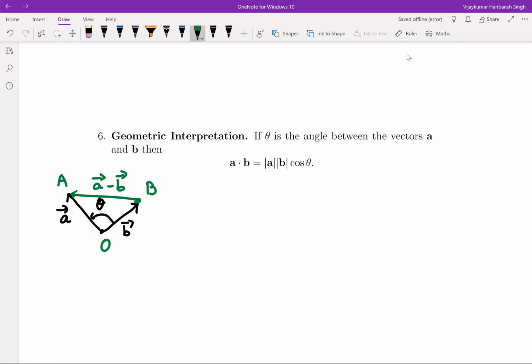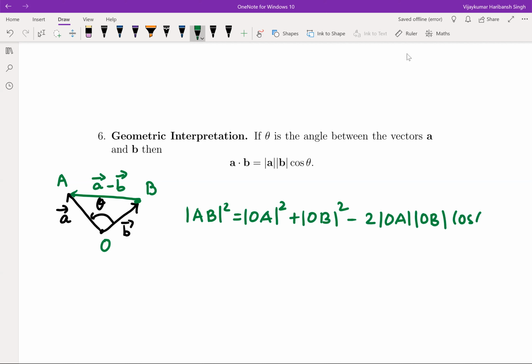Using the law of cosines, we have AB square equals length of OA square plus length of OB square minus 2 times length of OA times length of OB times cos theta, where theta is the angle between these two.